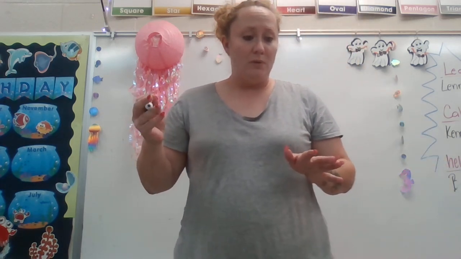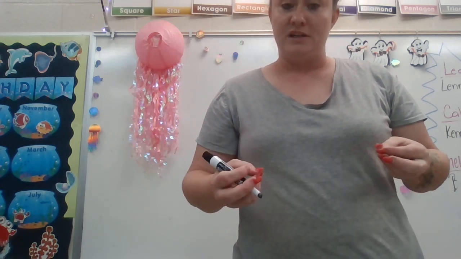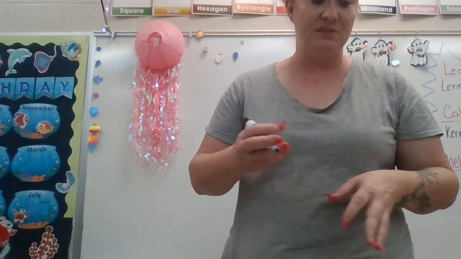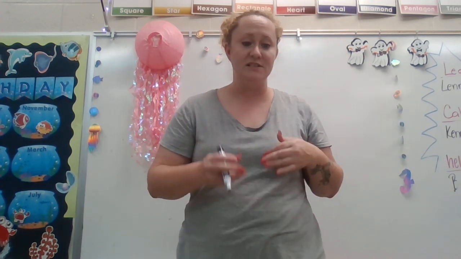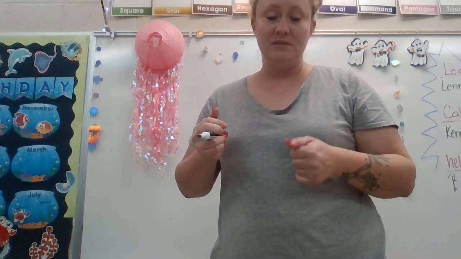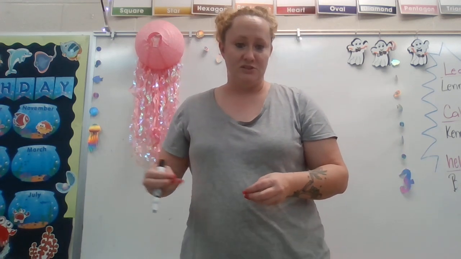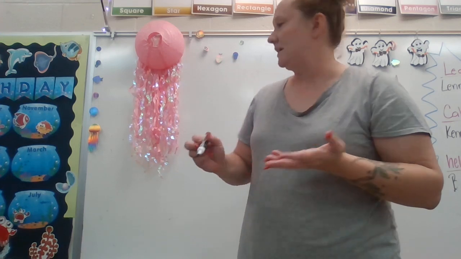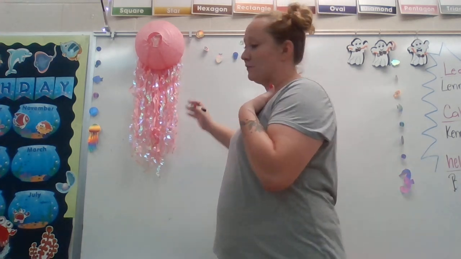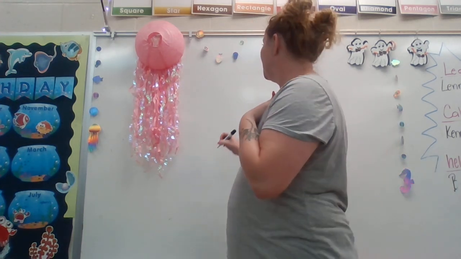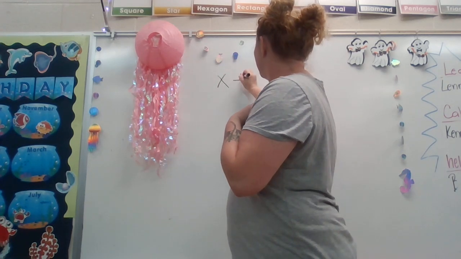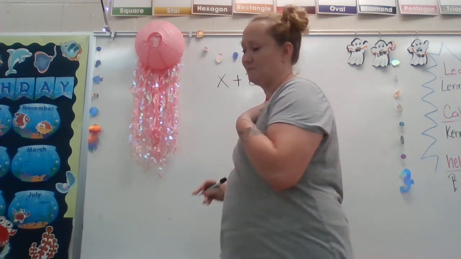So how would that translate into operations such as addition, subtraction, and multiplication? Sum is addition, difference is subtraction, product is multiplication, and quotient is division. So sometimes we have, let's say, the sum. We're looking for the sum of x plus 2.